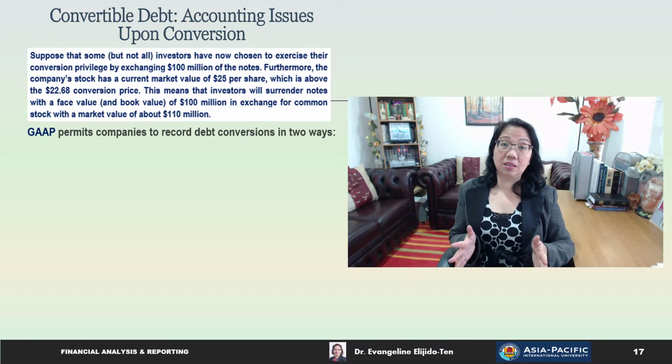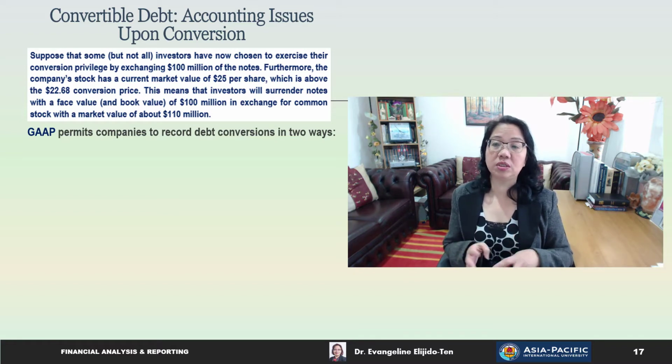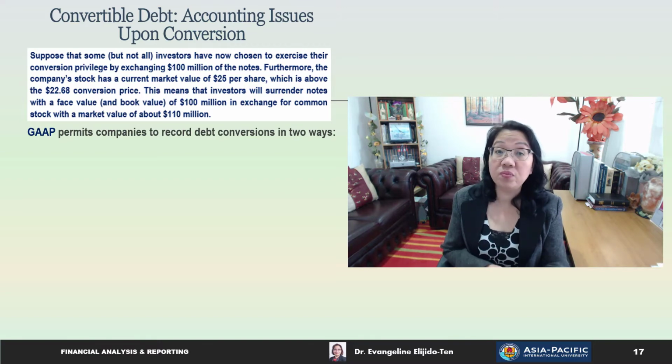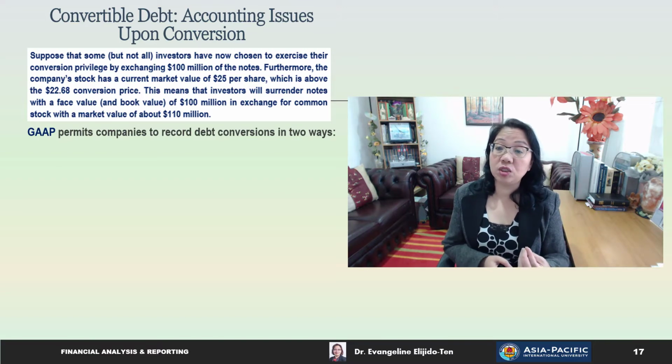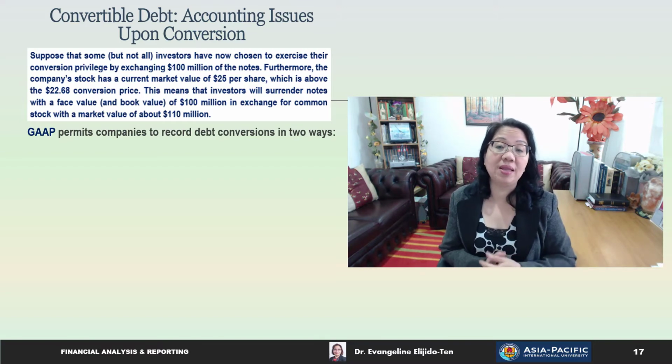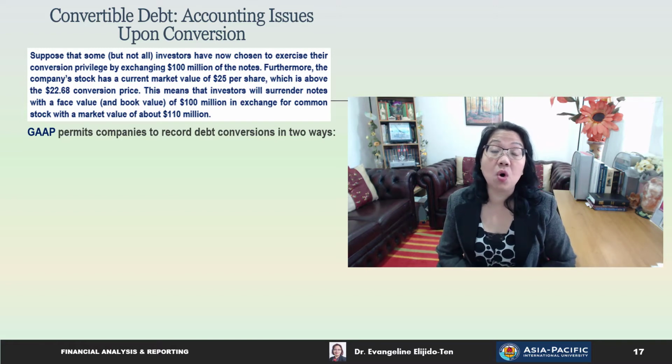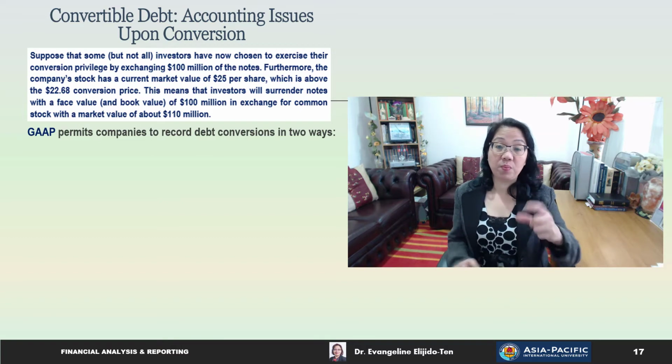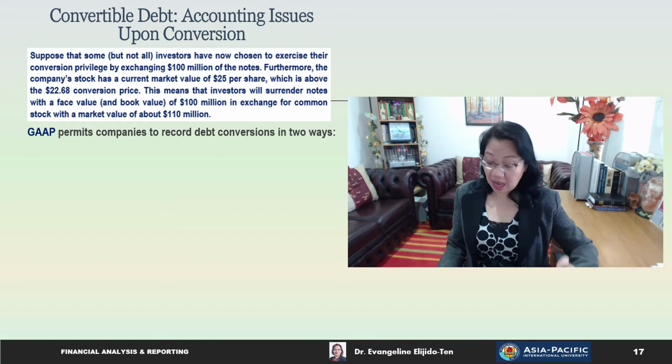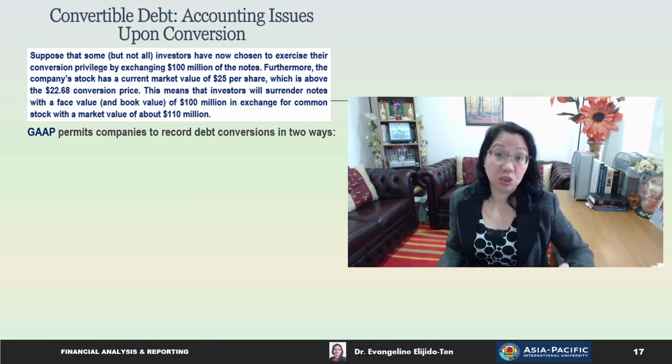So this means that the investors will surrender notes with a face value and a book value of $100 million in exchange for common stock with a market value of about $110 million, representing the increase in the market value of the shares.